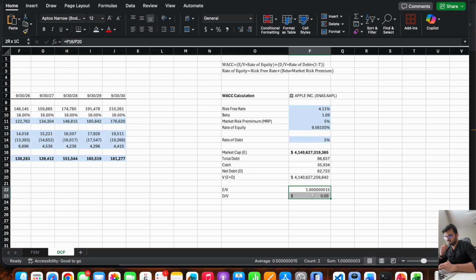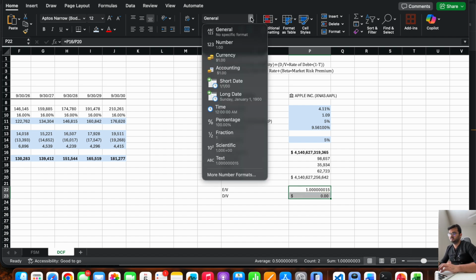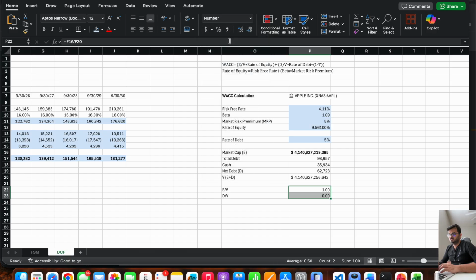So these two numbers I would have in, let me think. Okay, I think it's better to have it as it is. No, let me do one thing.